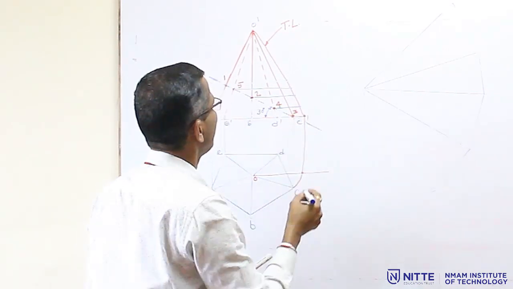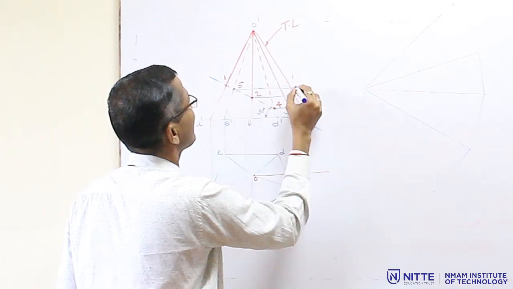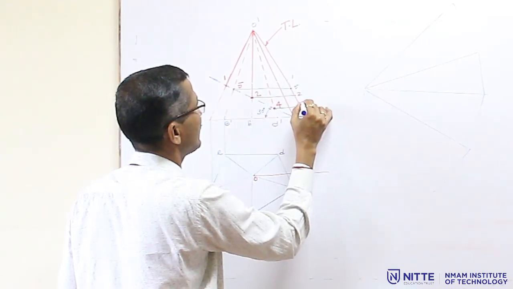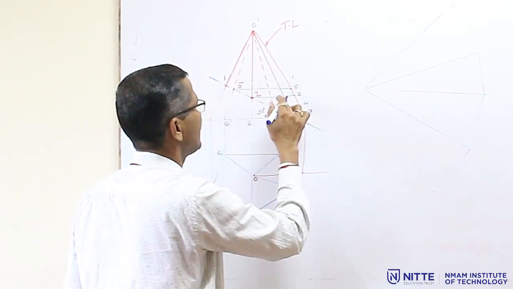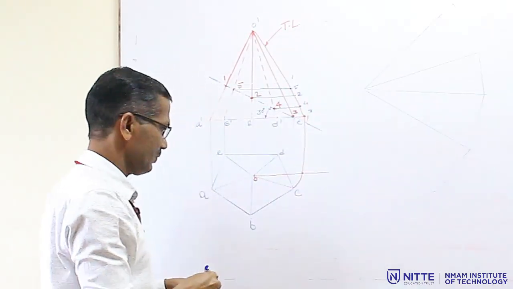Then mark this is 1, this is 5, this is 2, this is 4, and this will be 3. All these points on the slant edges you have to transfer to the true length diagram.